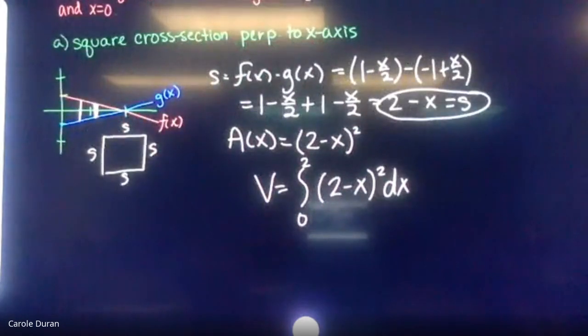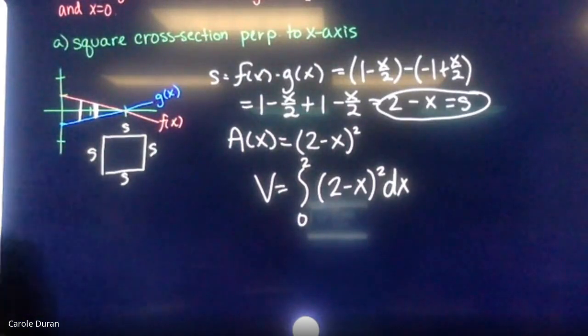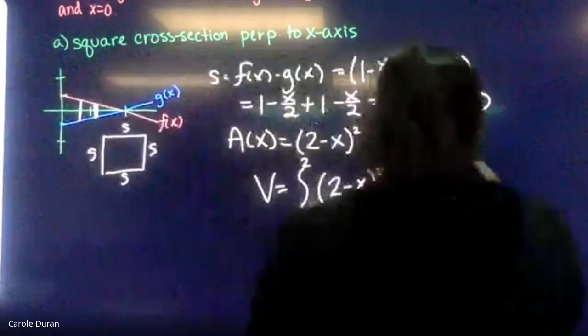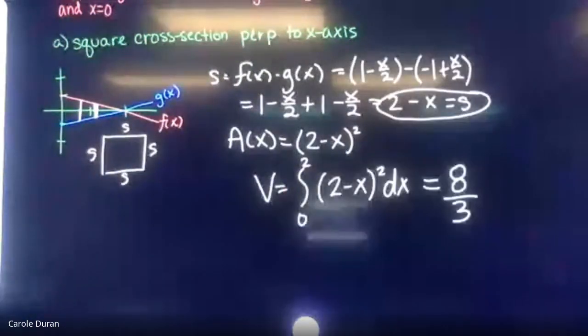So to find the volume, we just integrate the area equation. What'd you get? 8/3. 8/3 is correct. You should all get that at some point. If not, you should get 2.6 repeating. If you put the 2.6667, that would be okay as well.